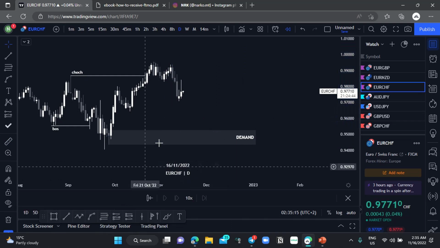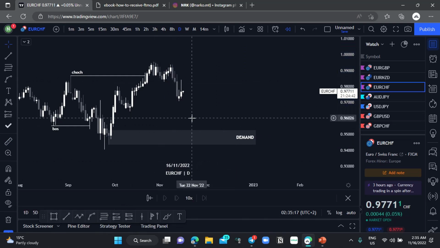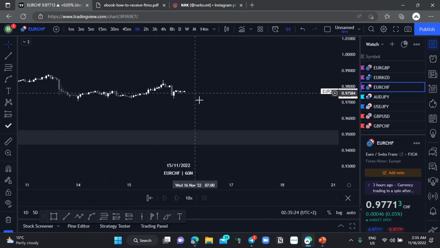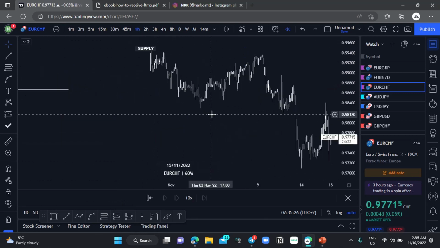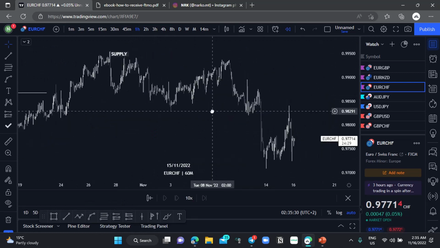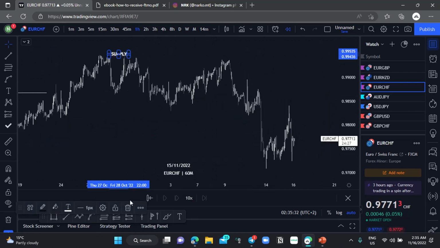Now we look for price to push down, tap into our demand zone and push up. So we can move to the 1-hour chart and look for selling opportunities down to our demand area.